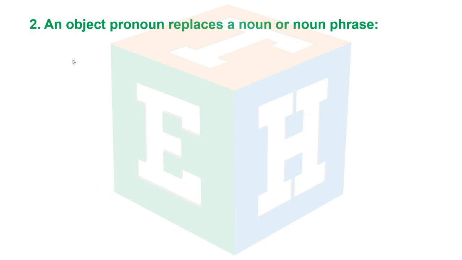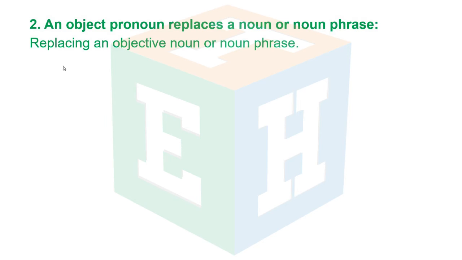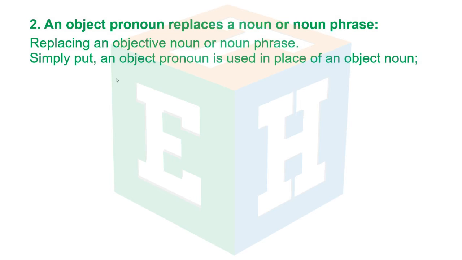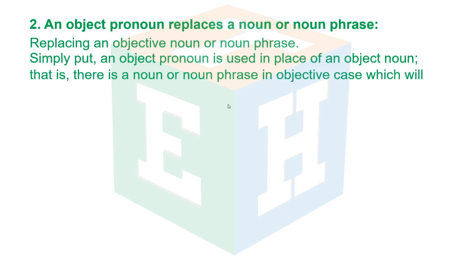Number 2, an object pronoun replaces a noun or noun phrase. Replacing an objective noun or noun phrase. Simply put, an object pronoun is used in place of an object noun. That is, there is a noun or noun phrase in objective case which will be replaced by the object pronoun.